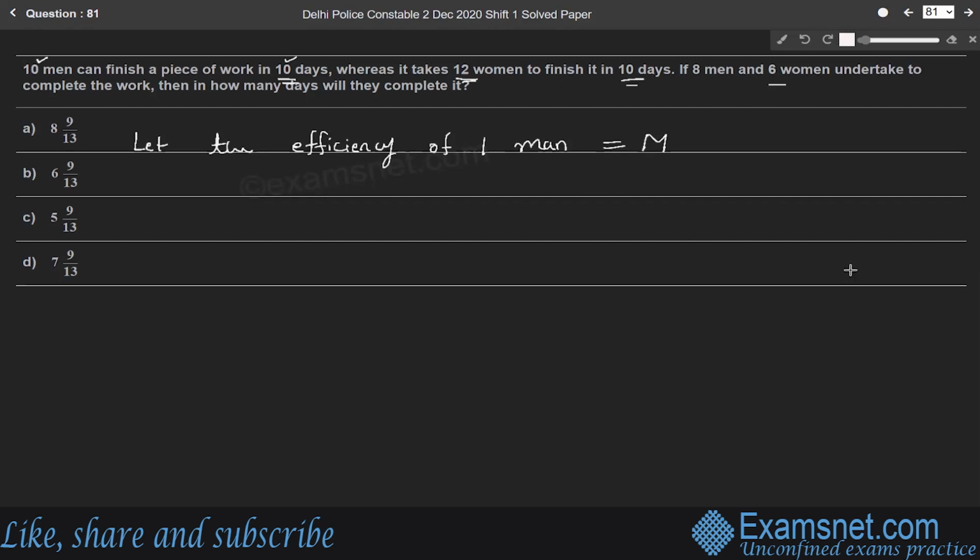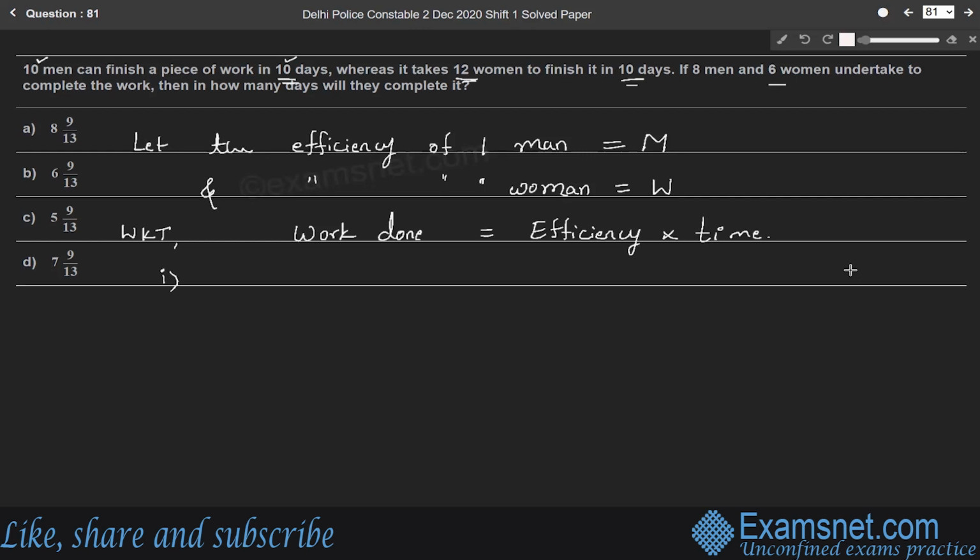So let the efficiency of one man be capital M, and the efficiency of one woman be capital W. We know the formula of work done: work done is equal to efficiency into time.